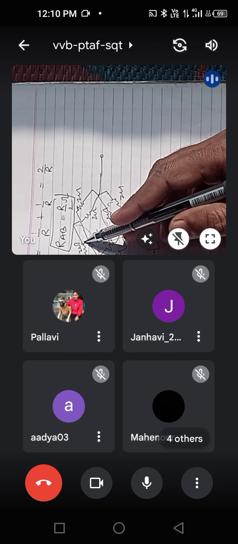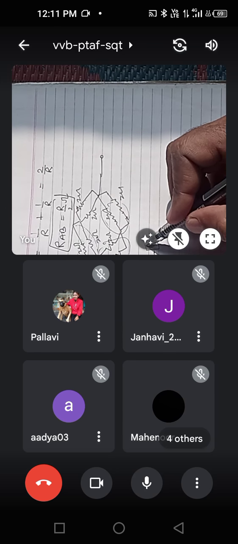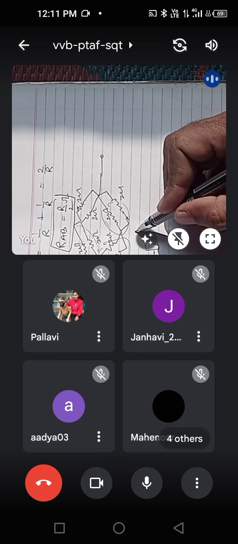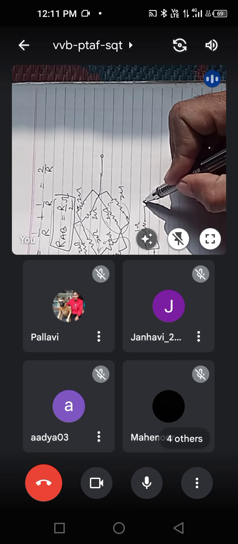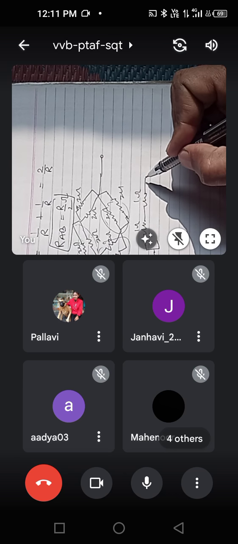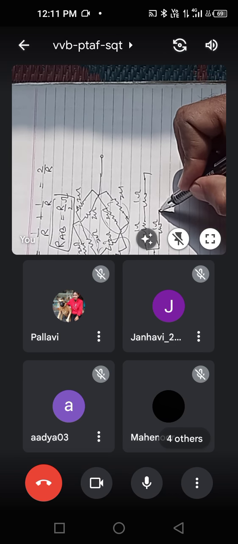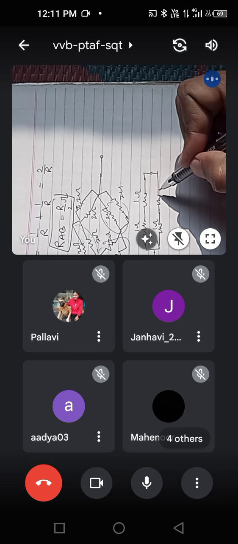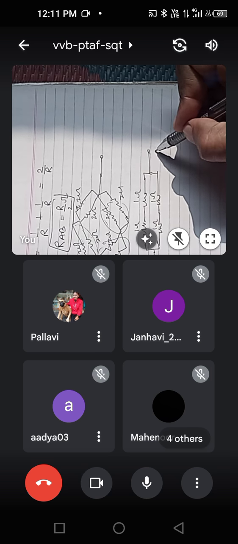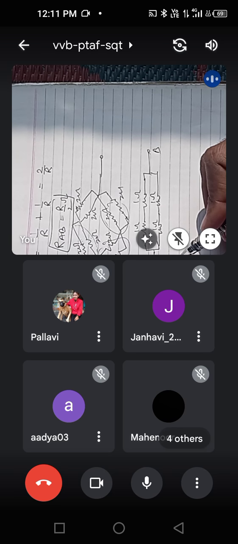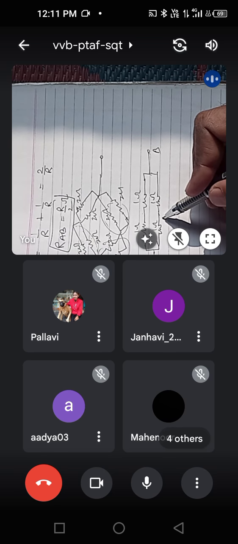This will give you 1 ohm, this will give you 1 ohm. They are in series combination. 1 plus 1 gives you 2, and this is also 2 ohms.